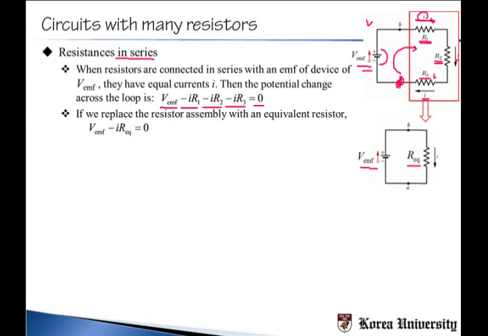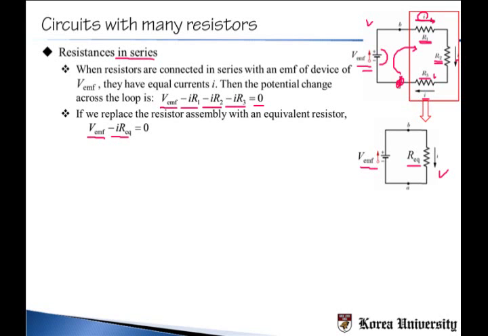Let's call this single resistor REQ, meaning it is an equivalent resistor, which is the same as the combination of the three resistors, okay? So in this circuit, we have only one resistor. Let's try to apply the loop rule again. Then simply it'll be plus VEMF minus IREQ.